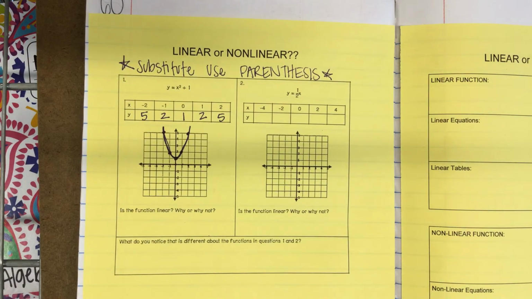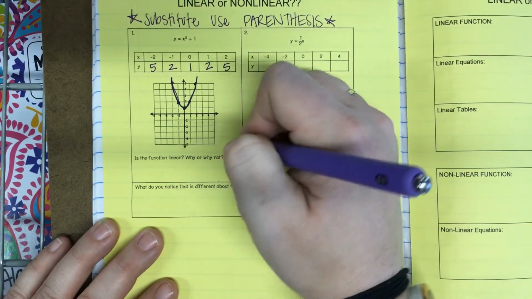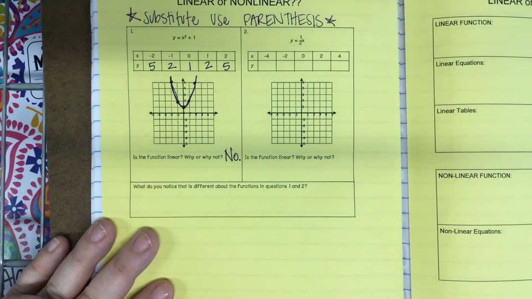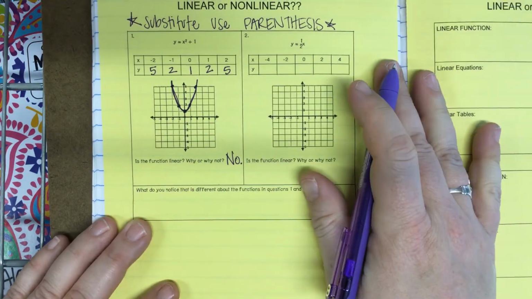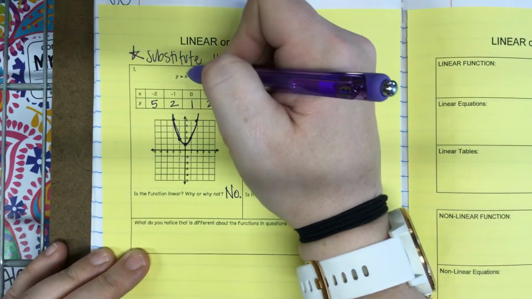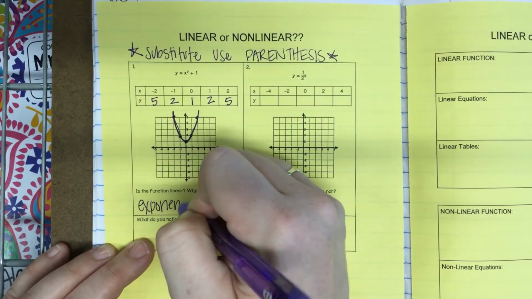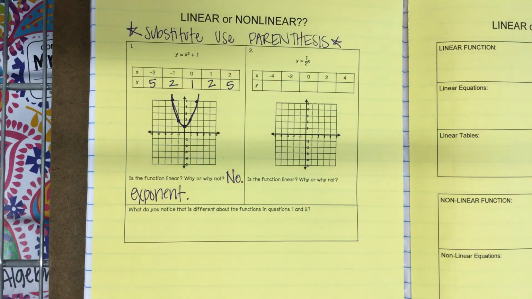Is it linear? No, it is not linear. The thing that makes it not linear is that there's an exponent. You can have an exponent and still be a function.